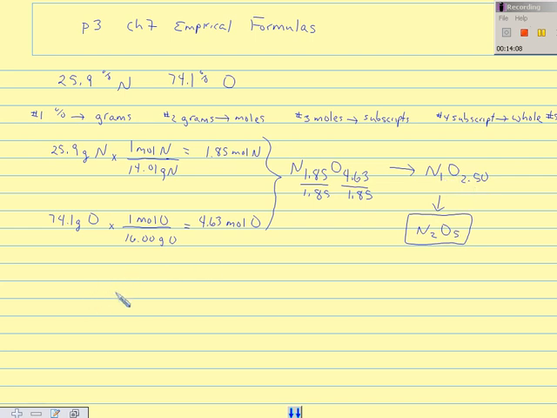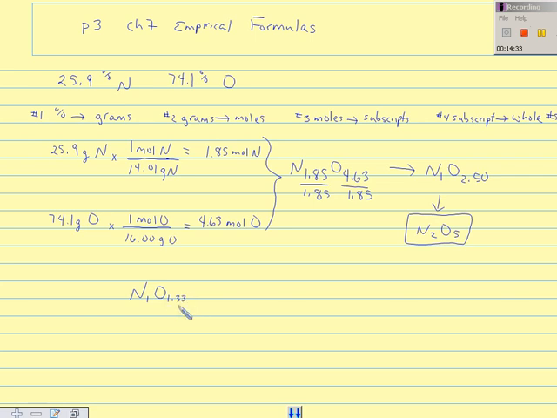Let's try another one. Let's say that I have, after I go through my reducing, N1 O 1.33. Don't round this down to 1. See if there's something real easy that you could multiply both these numbers by that way you would still end up a whole number.